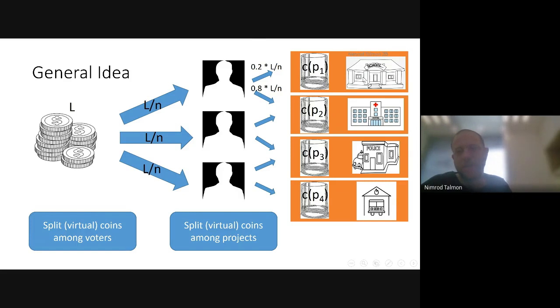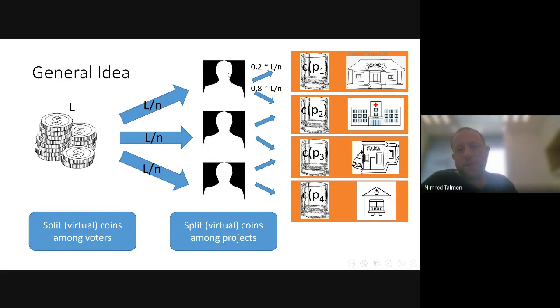And now I think it's useful to visualize, at least for me, glasses for each of the projects. So each project, imagine a glass where the height of the glass is just the cost of the project. So if school costs $1,000, then this will be a glass that can contain exactly 1,000 coins.